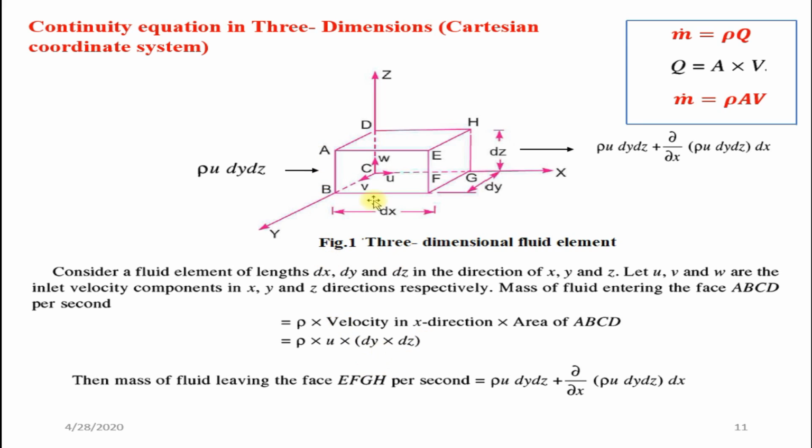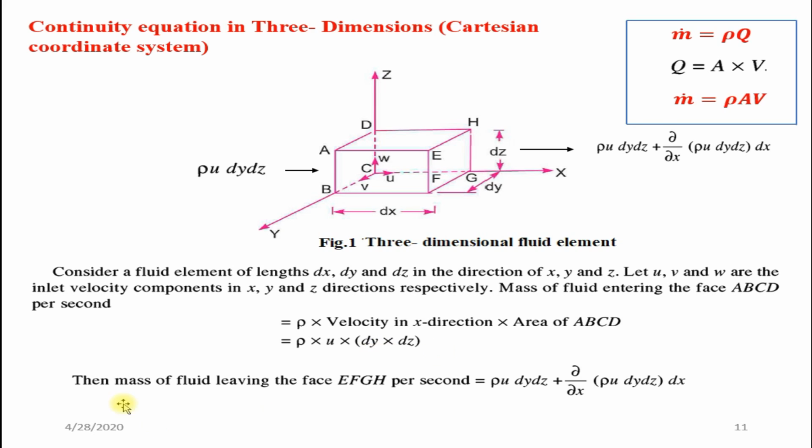If you look at the diagram, length dy into dz will be the area of this face. So rho into velocity in x direction is u, and the area is dy into dz.